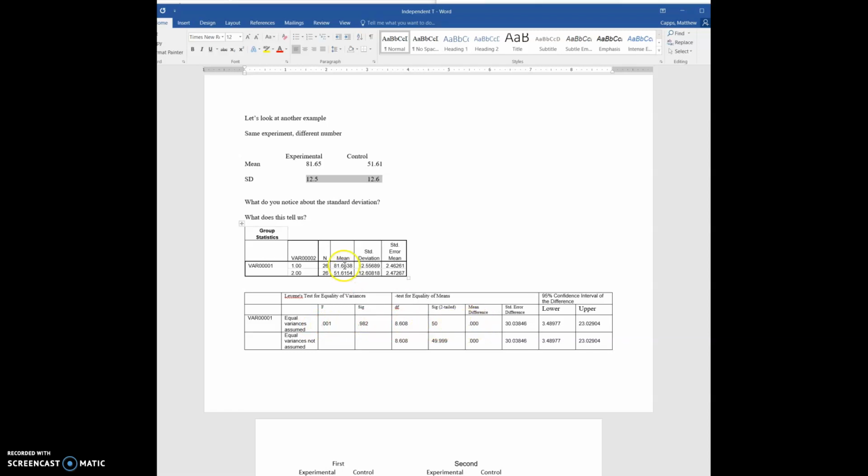So we discovered that there is a significant difference between these two groups. The difference between those, if you subtract these two numbers, is that number right there. And you'll also notice, as I said, in this case the upper and lower bounds of the confidence intervals are the same indicators, both positive numbers.